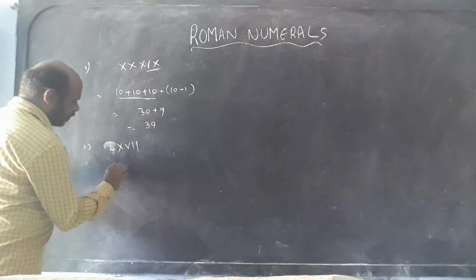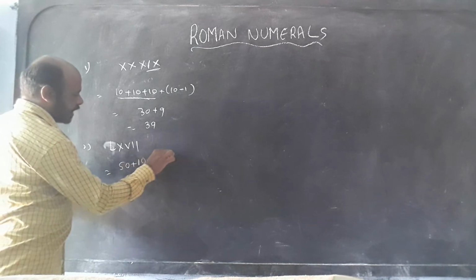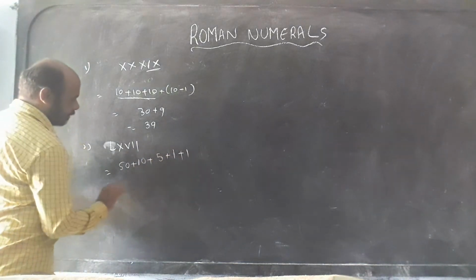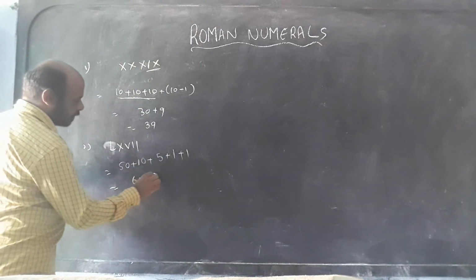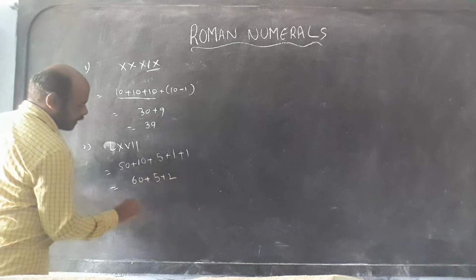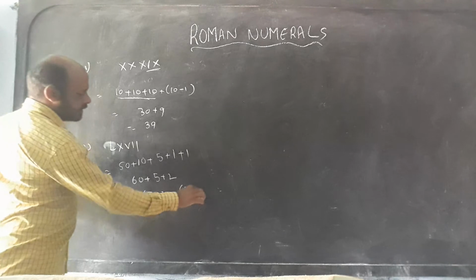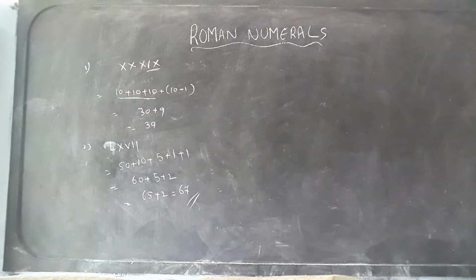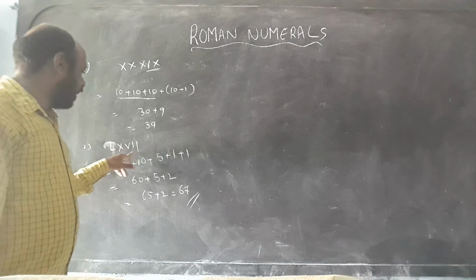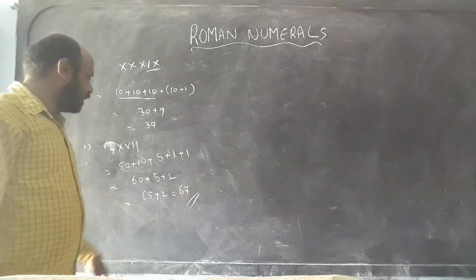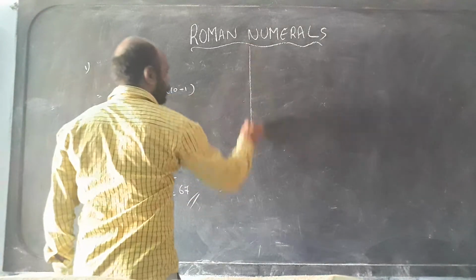See, L is equal to 50, X is 10, V is 5, I is 1. 50 plus 10 becomes 60, 60 plus 5 is 65, plus 2 is 67. Total is 67. So LXVII is equal to 67.